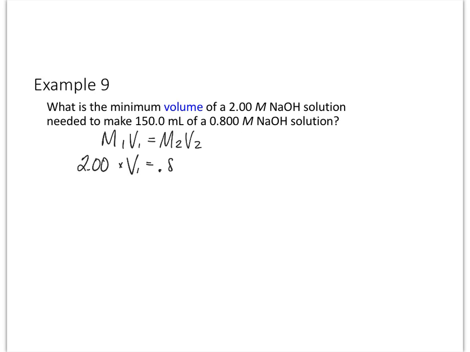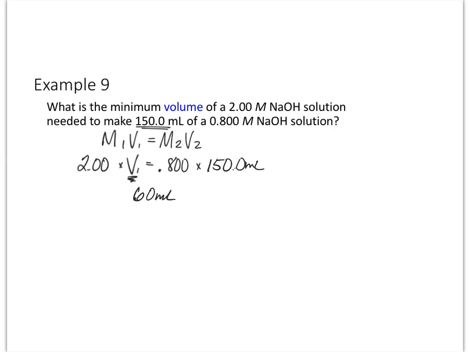I want to make a 0.8 molar solution, and I want to make 150 milliliters of it. You could convert this to liters if you want, and then your answer for V1 would be in liters, or you could just leave this as milliliters, and then your answer for V1 would be in milliliters as well. And this comes out to 60 milliliters.